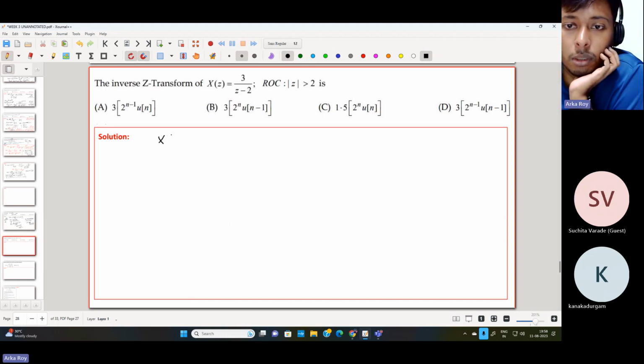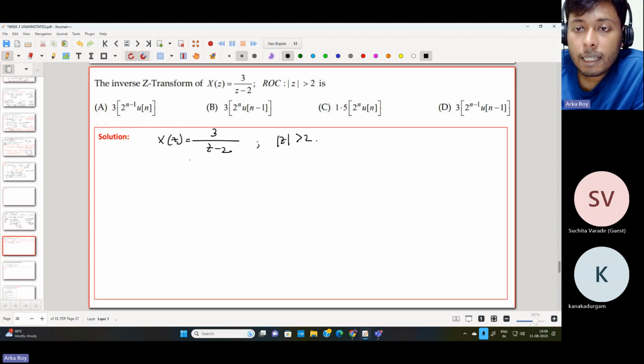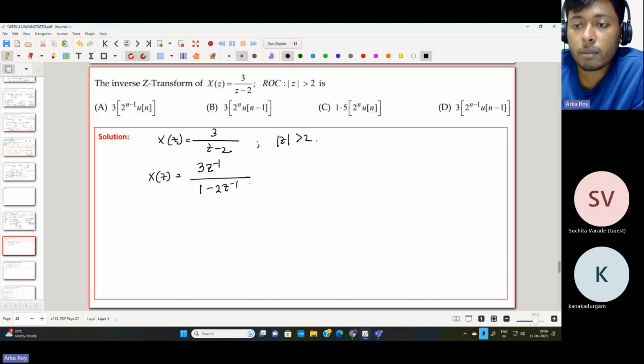Okay. So the next question is X(z) is equal to 3 divided by z minus 2 with an ROC z greater than 2. Now I can write it like this, X(z) is 3, let me just divide it with z, so 1 minus 2 z inverse.